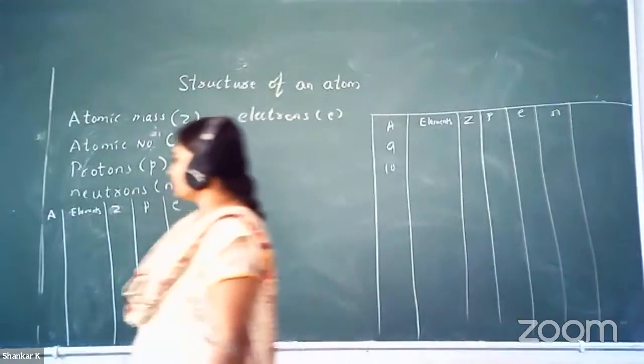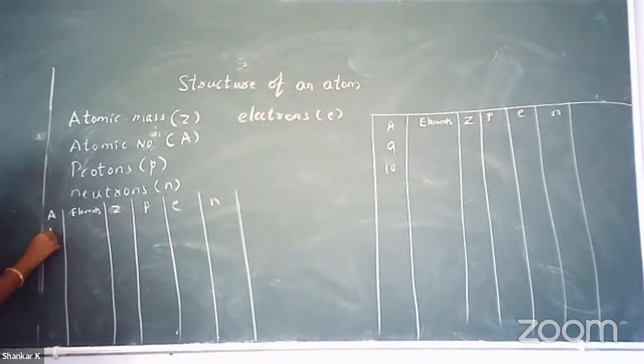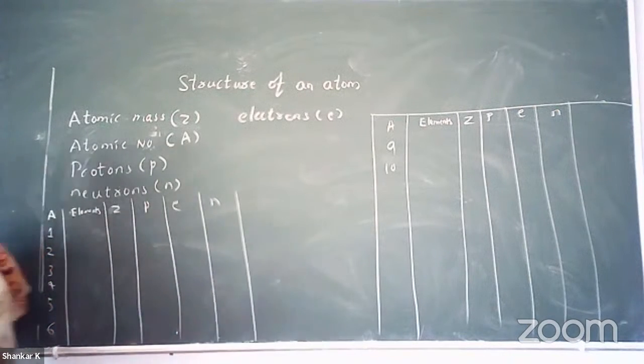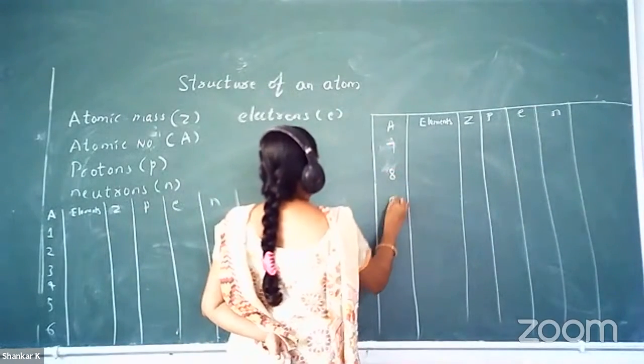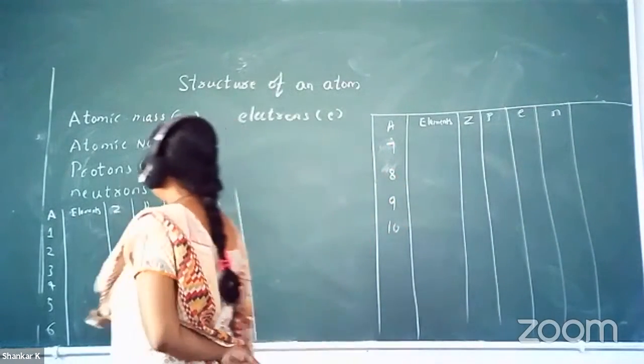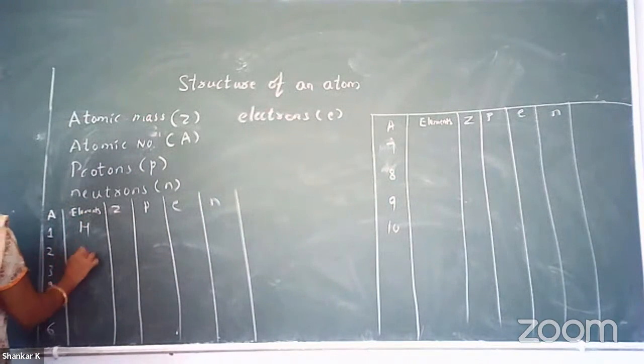Now, which element has atomic number 1, students? Hydrogen. Hydrogen is 1 and the second one is helium. The third is lithium.